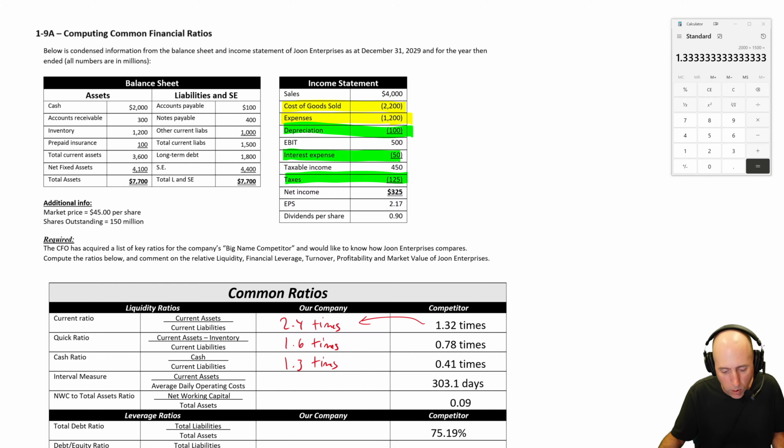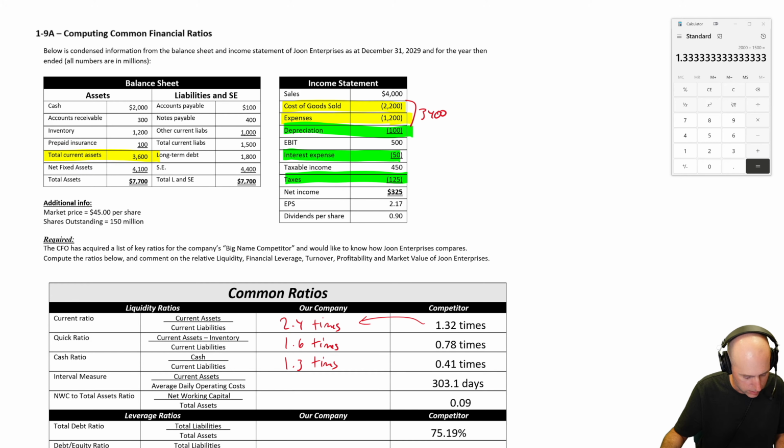In this case, our numerator is current assets. Let me highlight that. Current assets. There you are, 3,600. Maybe I'll highlight it yellow. And I'm going to divide by those costs that I've highlighted on the other side, which is 3,400.